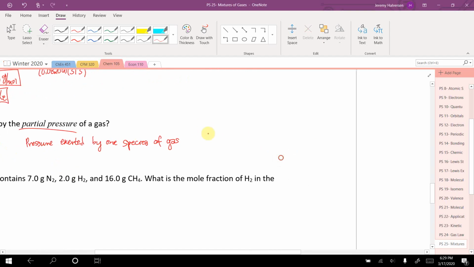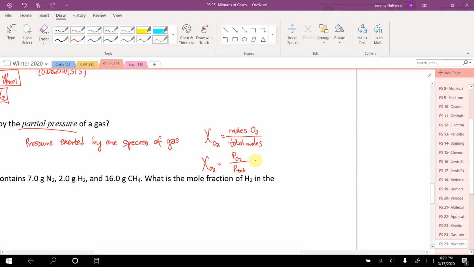So what we can say is my mole fraction, that we do this big X thing for mole fraction, is just the moles of oxygen divided by the total moles. It's just what percent of the total moles are oxygen, okay? Well, that mole fraction is also going to be the pressure exerted by O2 divided by the total pressure.